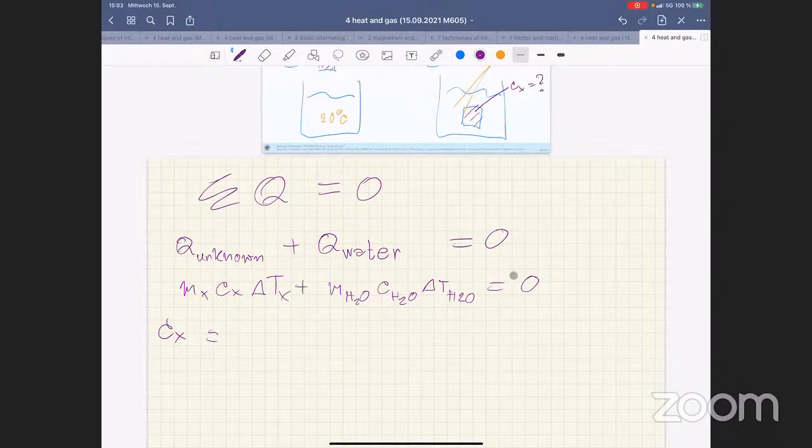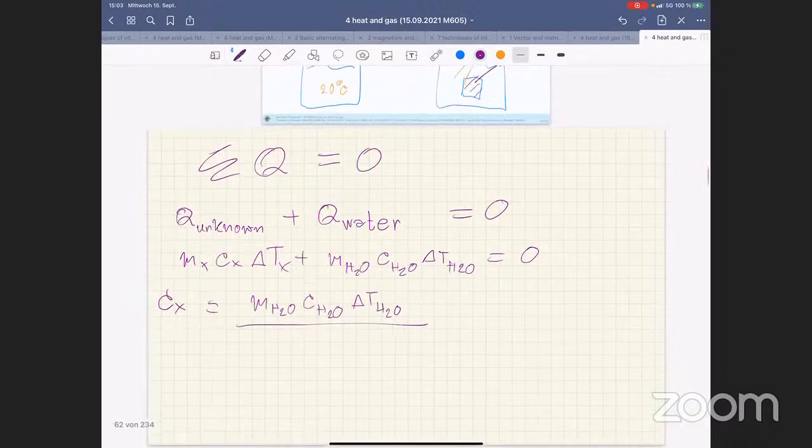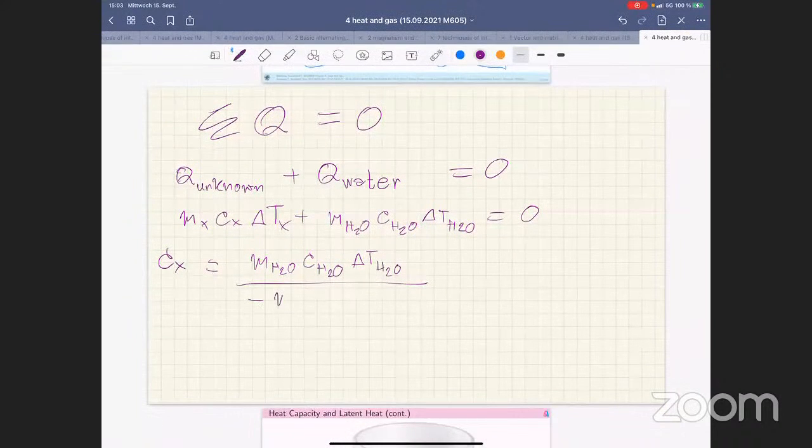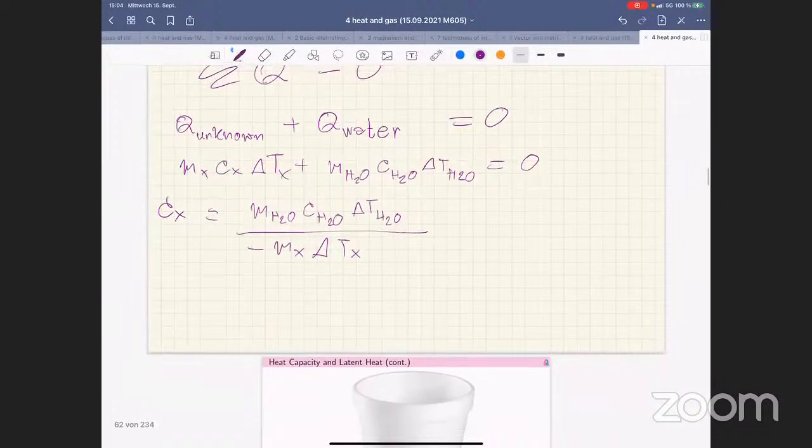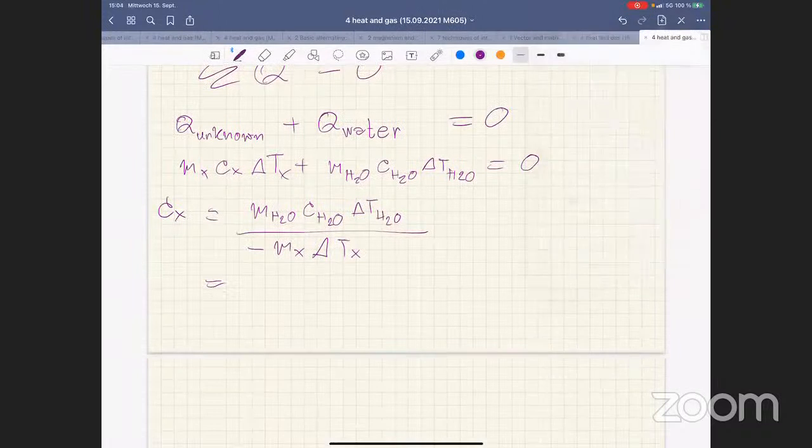We move c_x to the right-hand side, and c_x equals m_H2O times c_H2O times delta T_H2O, divided by negative m_x times delta T_x. Let's go further.